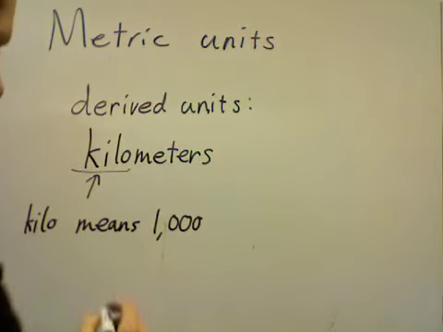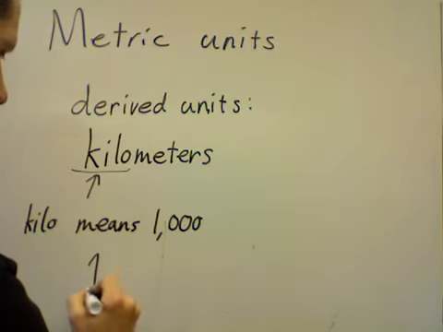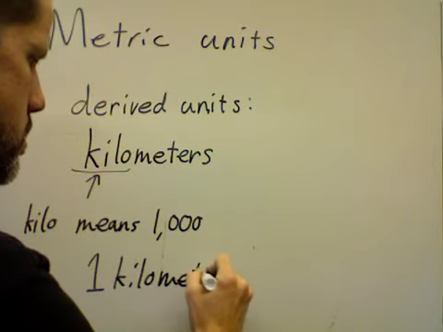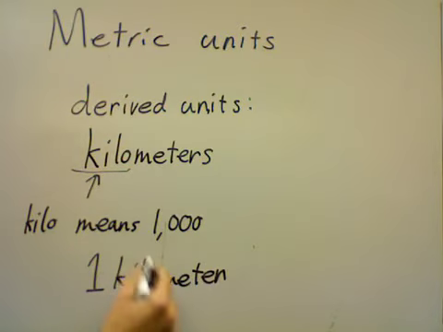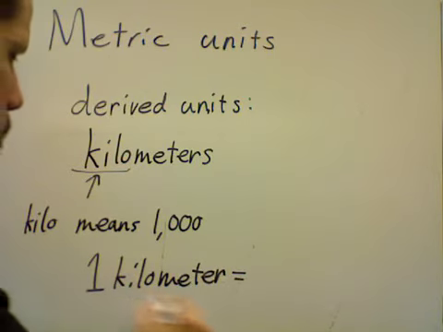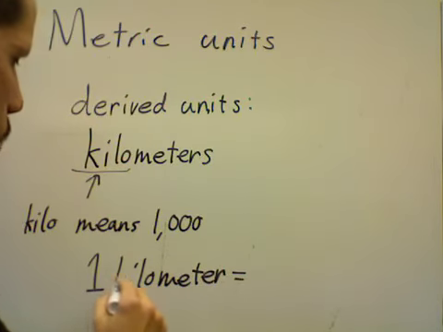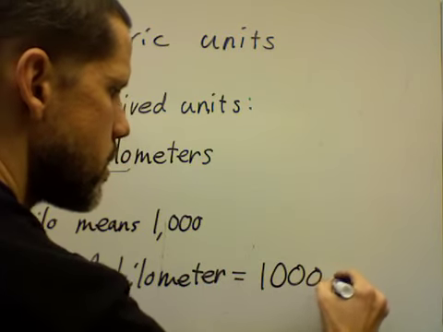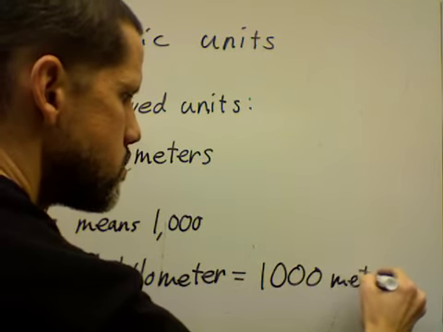So a kilometer, I can just take out the word kilo and replace it with the number 1,000. So I get 1 kilometer would be 1 times 1,000 meters, which is 1,000 meters.